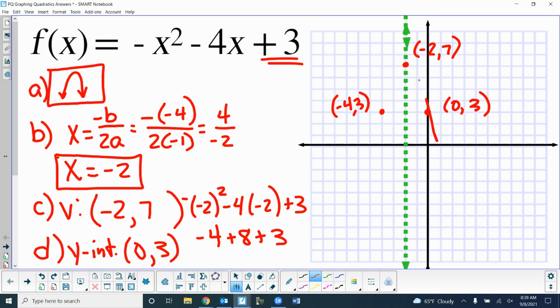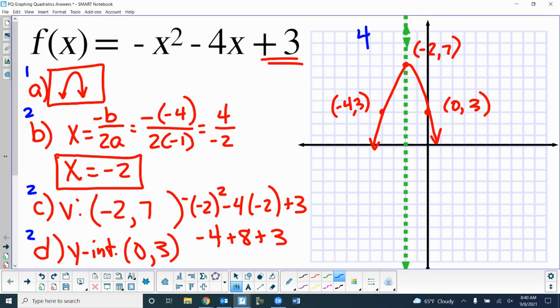And then I draw my parabola. So that gets me all the points for my graph. Draw in my axis of symmetry, label my 3 points, and connect them. So remember, that's 2 points, 2 points, 2 points, this is 4 points.